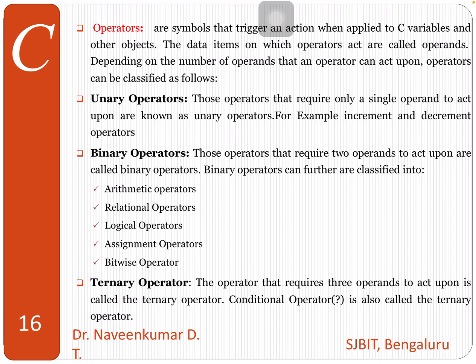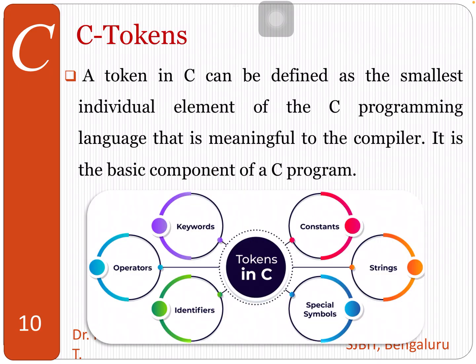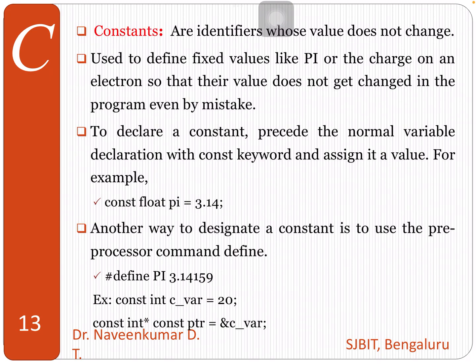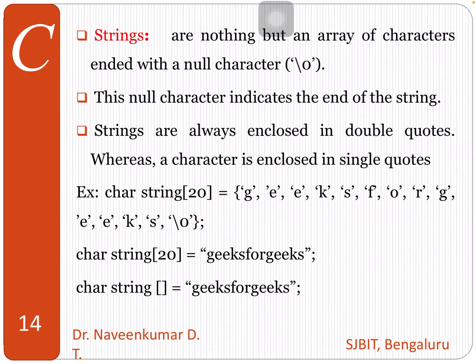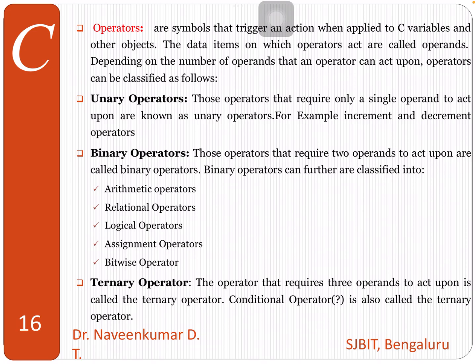In the previous class, we have discussed about C tokens. In that, we discussed about keywords, identifiers, constants, strings, and special symbols. So in this video we discuss about operators.